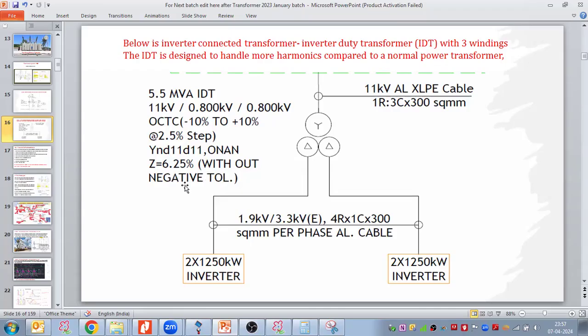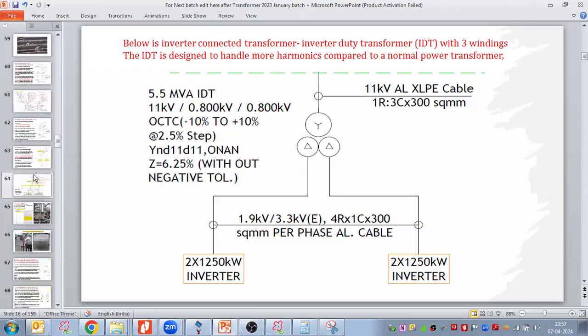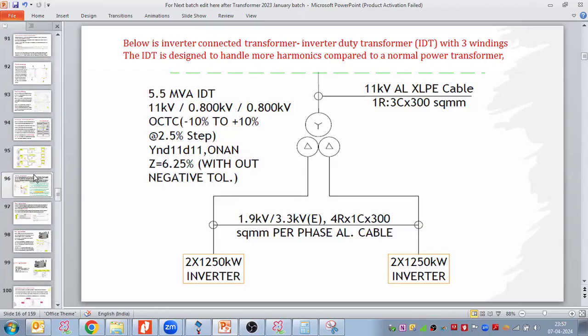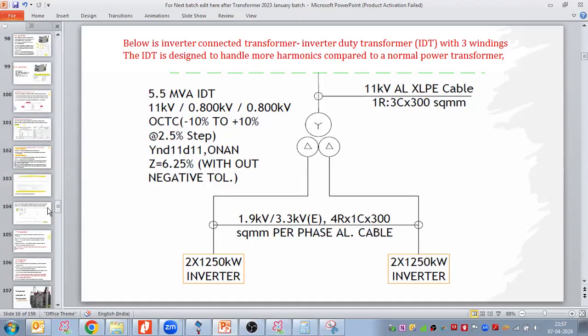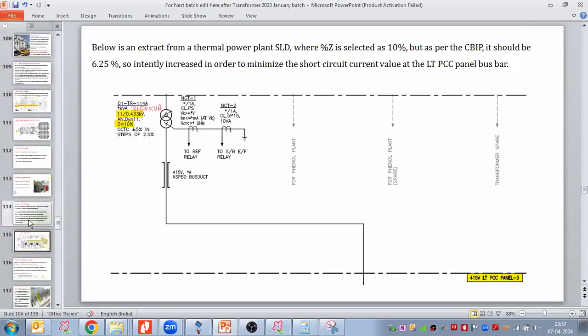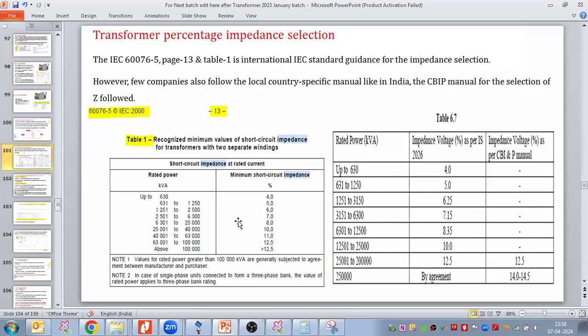But is there any area where we use that impedance for calculation between LV1 and LV2? As per the standards we follow, this is a 5 MVA transformer, right? For 5 MVA, what is the value we follow? 6.25, as per the IEC table. What is the rating here? 5.5.